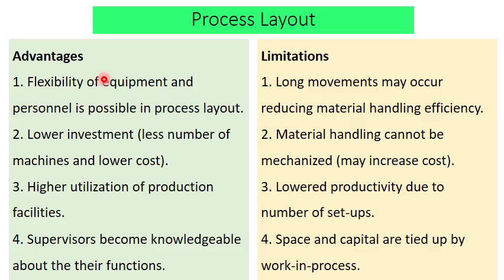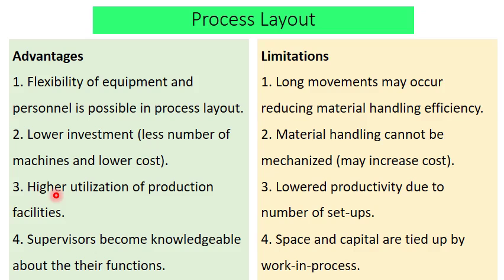So there is flexibility. If one machine is broken, for example, we can use the other similar purpose machines. And lower investment is possible, with fewer machines and lower costs. We can use those machines because all the machines located at one place are similar purpose machines. We can replace one machine with the other.